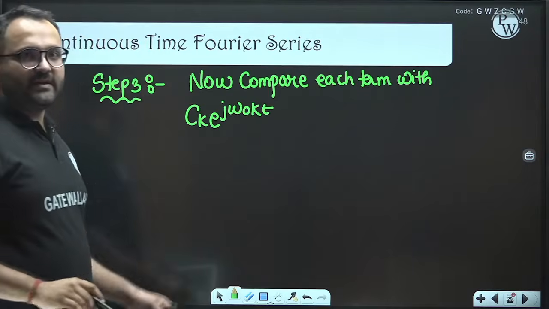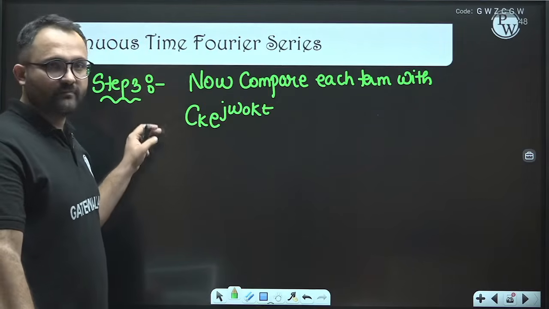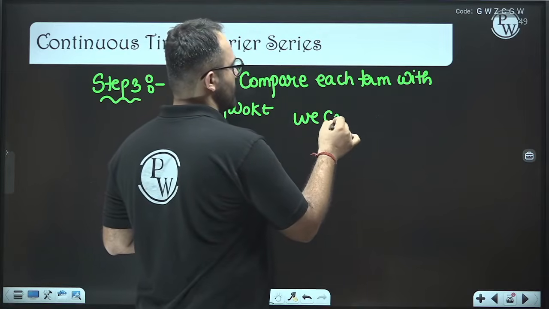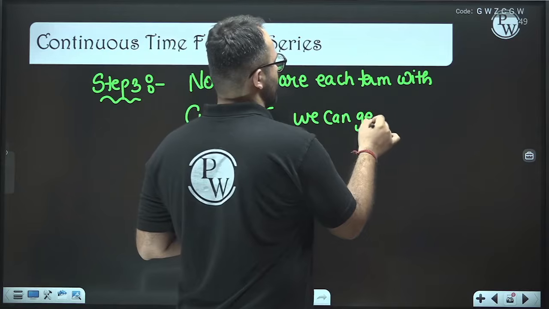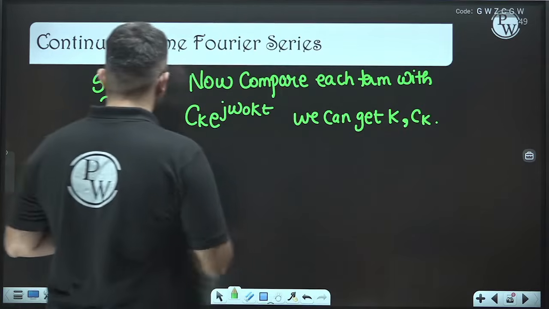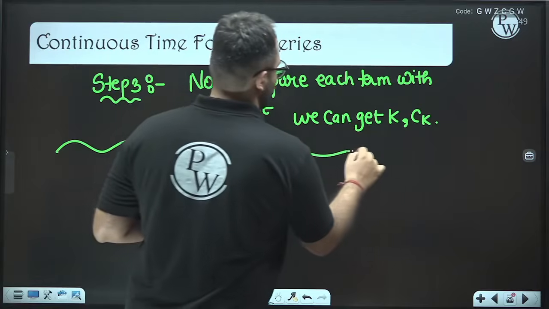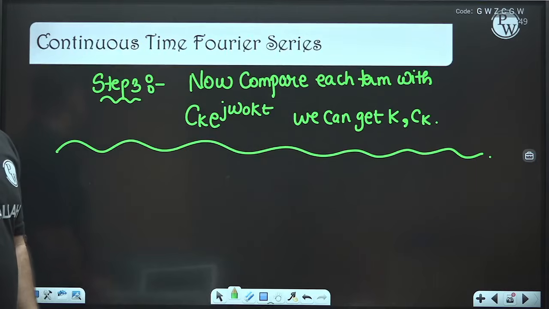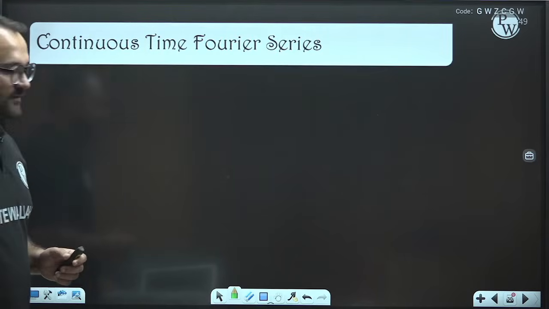We have to compare each term with this expression. So from here we can get k and ck. Okay, so these are the steps that we'll follow, and let me tell you one example based on these steps.